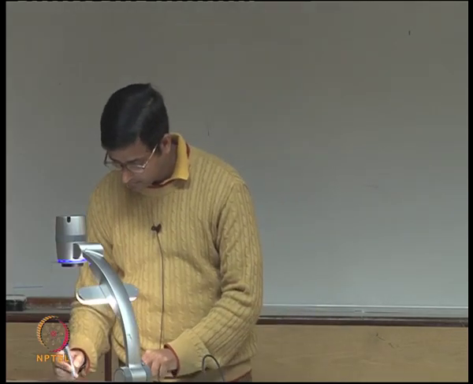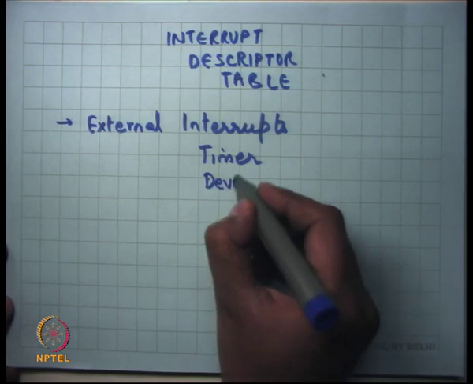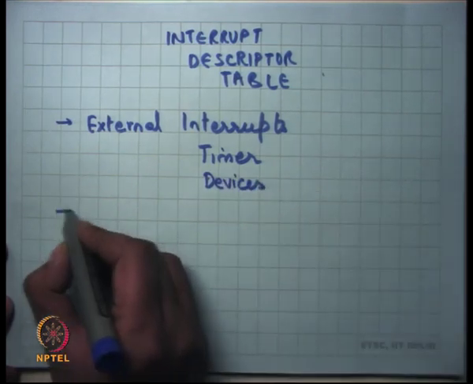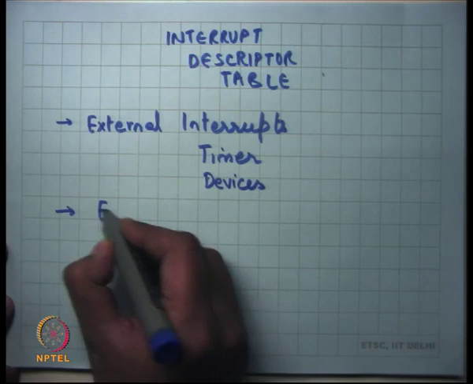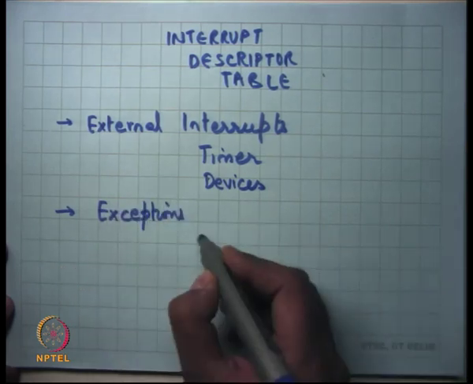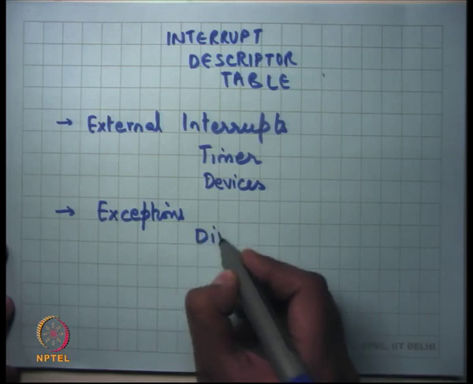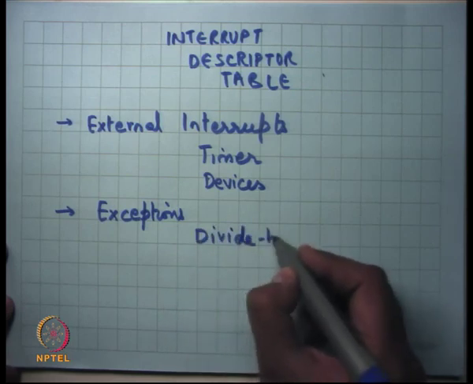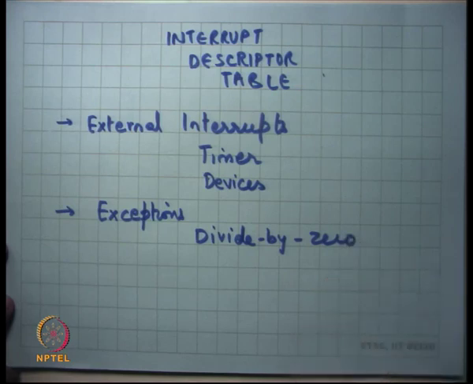All right. So other devices. It's also used for exceptions, for example, divide by 0. So what happens if a process is running in unprivileged mode, but it executes an instruction which amounts to a division by 0?